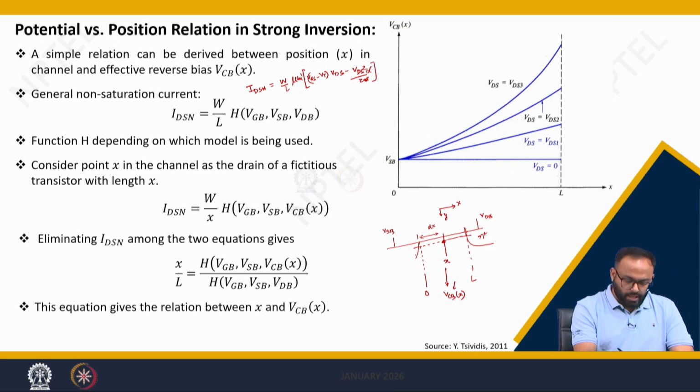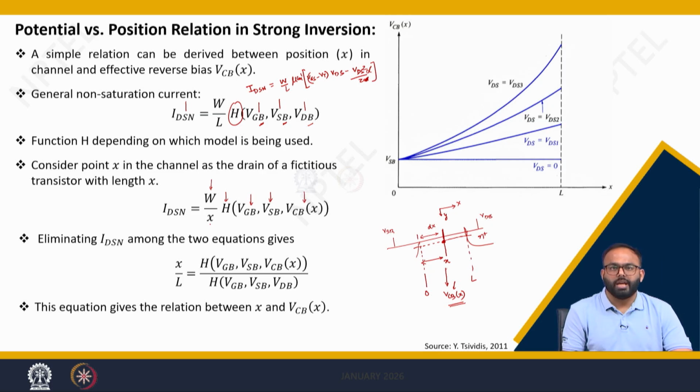In general, I can represent IDSN as some function of VGB, VSB and VDB, with body as the reference. Similarly, at some point x, this voltage is represented by VCBx. So this function will be the same, W will be the same, but we are just calculating till x. So this will be h of VGB, VSB and VCBx, a general function of x. That is what we need to relate: how this function is relatable with the terminal voltages VDB or VSB.